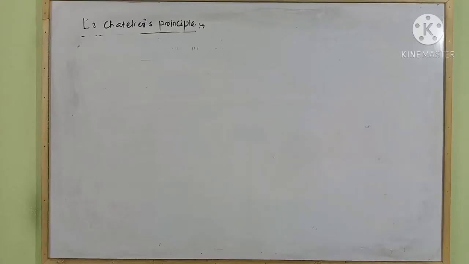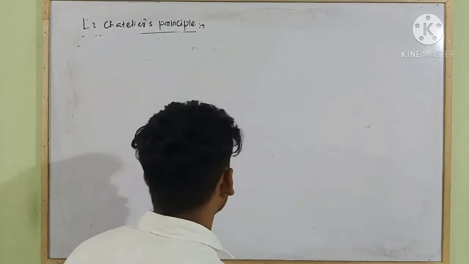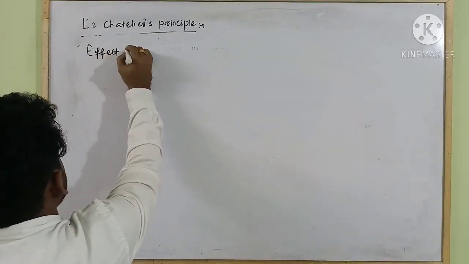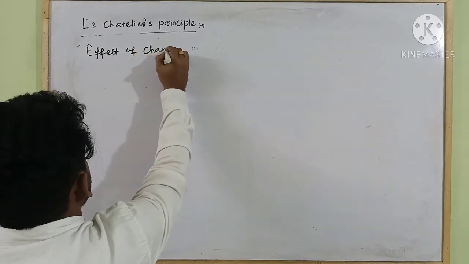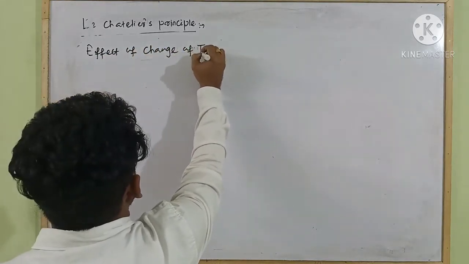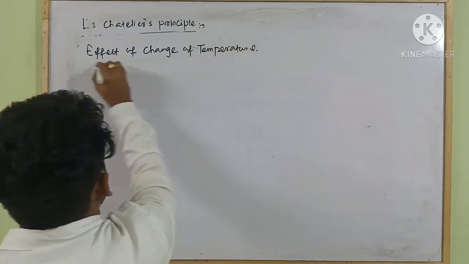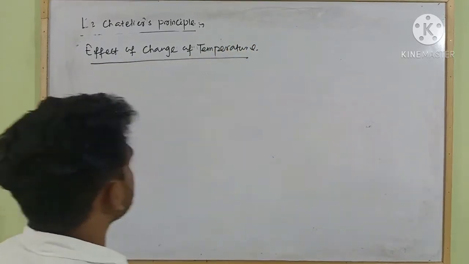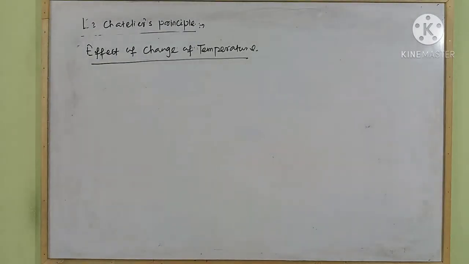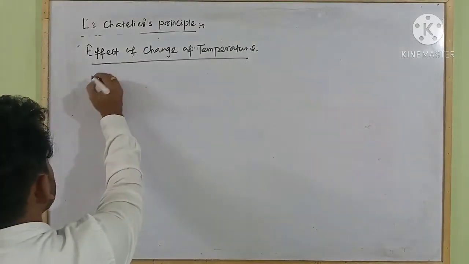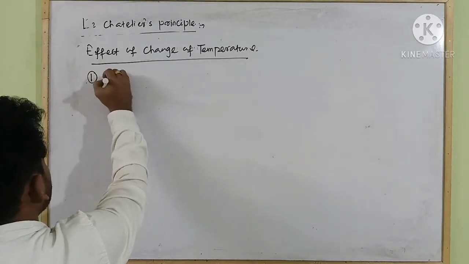Next we will discuss the effect of change of temperature. Here we can consider the reversible reaction at equilibrium in two categories. One is exothermic and another one is endothermic. So you just remember the first point.